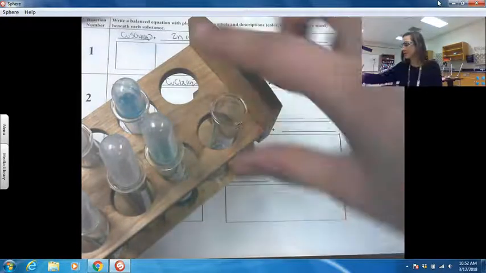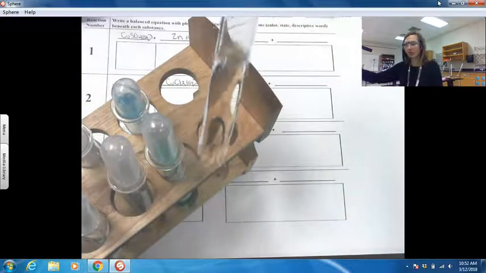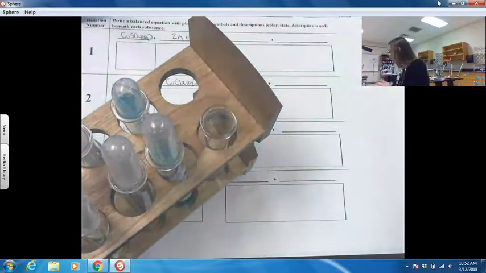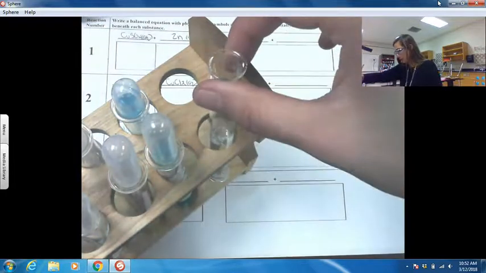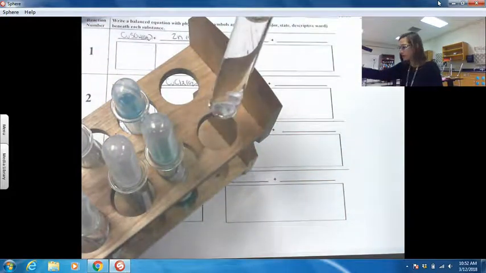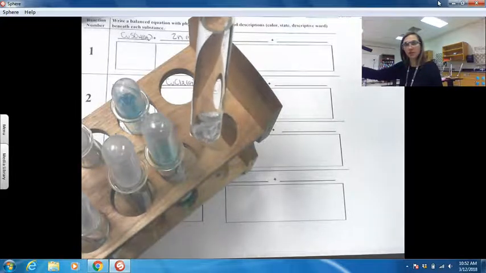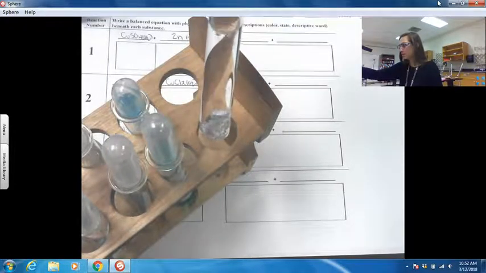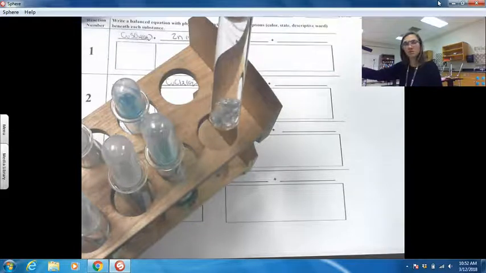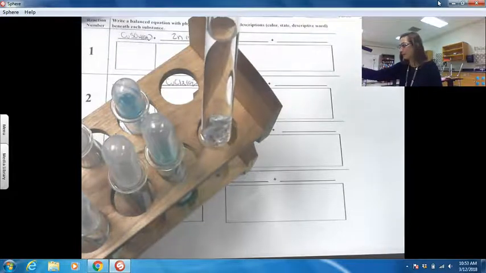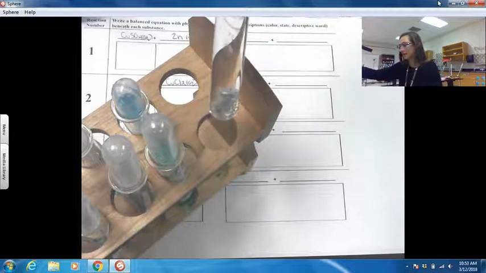So you can see how it's just a clear colorless solution. And now we're going to put in our piece of zinc and look to see what happens. Already we can see that bubbles are being formed. So there is definitely a reaction that is occurring.